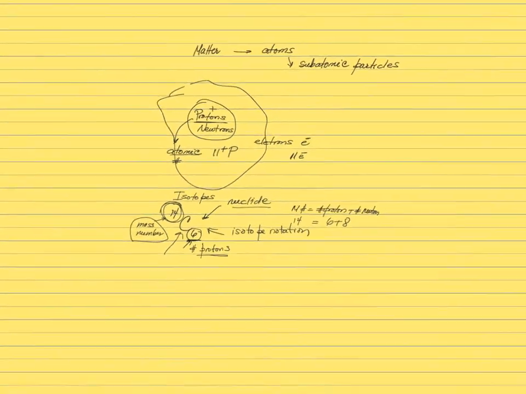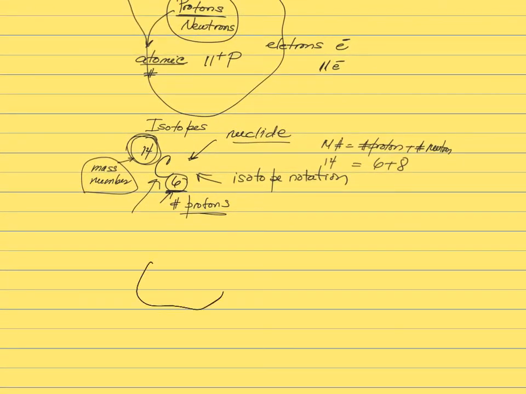Now, in a regular carbon atom, in the nucleus, you're going to have 6 protons, which are positive. In the cloud, you're going to have 6 electrons, which are the negative. And you're going to have 6 neutrons. See?